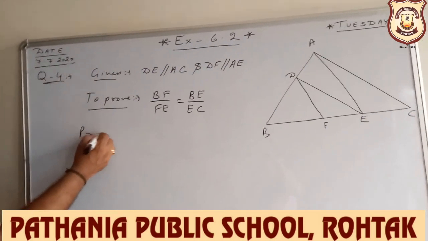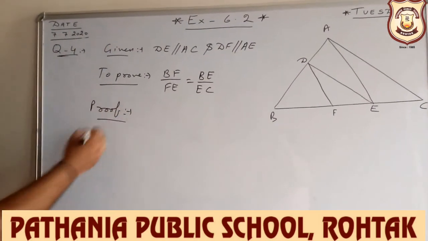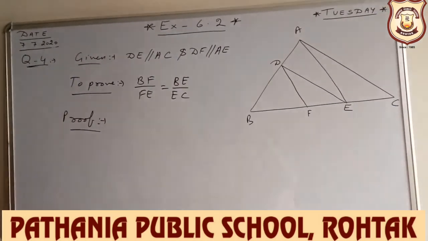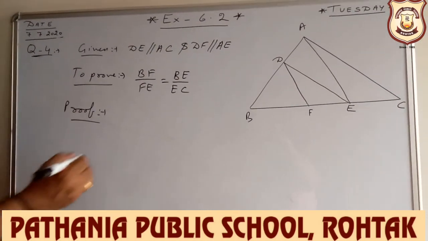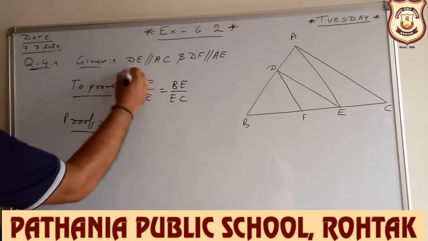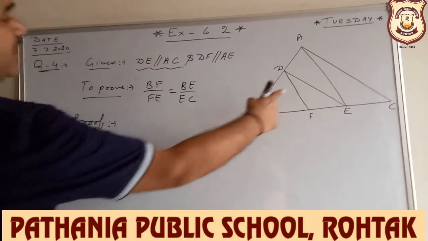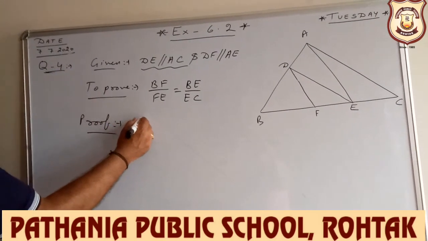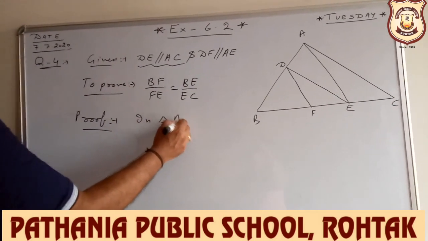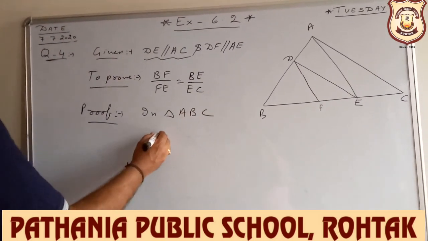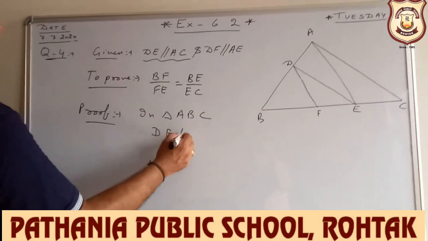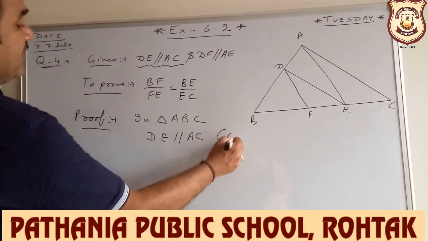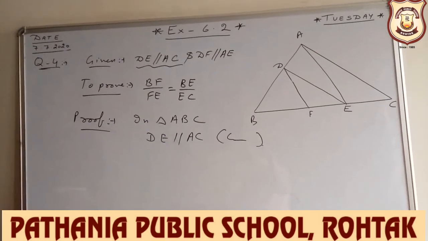See student, the proof. First you will take this triangle based on DE parallel to AC. So you can write, in triangle ABC, DE is parallel to AC. It is given.